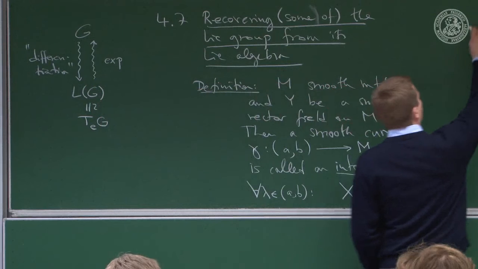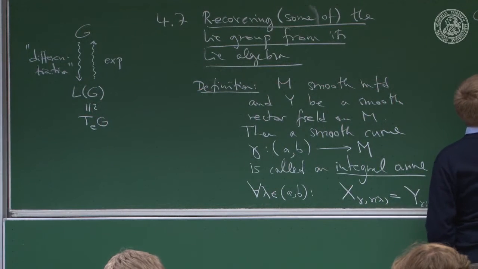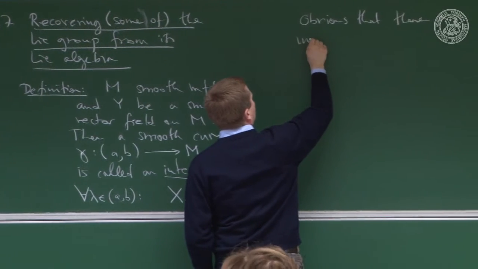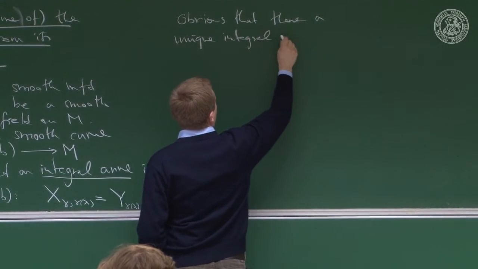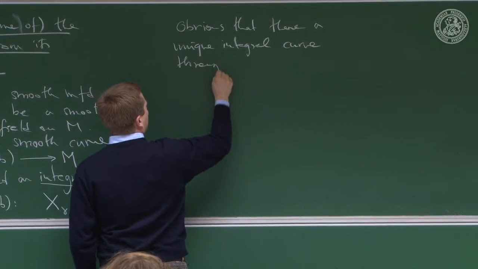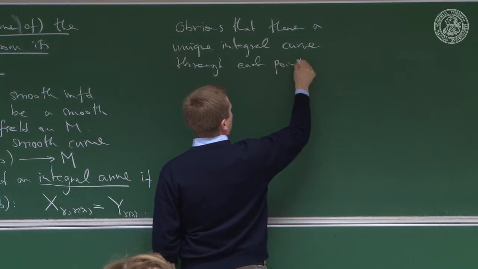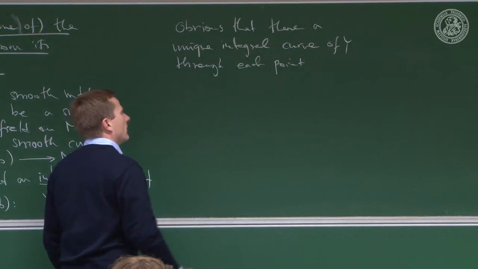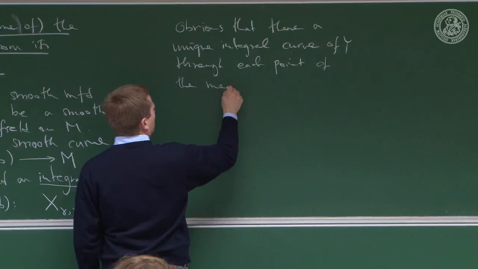Well, it's quite obvious that there is a unique integral curve through each point of the manifold, integral curve of a vector field Y through each point of the manifold.